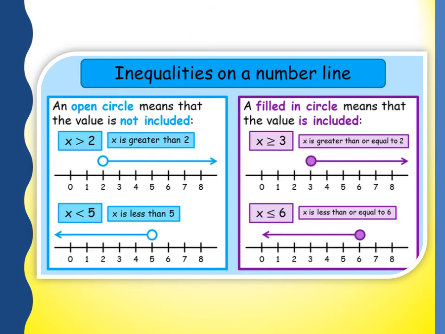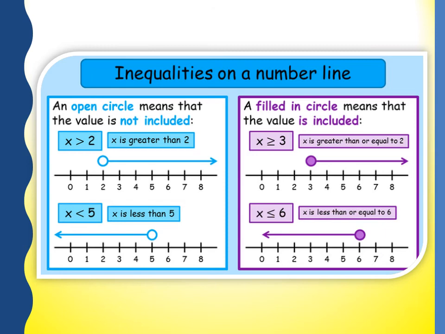About representing the inequalities on a number line, an open circle means that the value is not included, like x greater than 2. We represent it like this, open circle and all these values. X smaller than 5, here open circle in 5 and all these values in the side of negative.